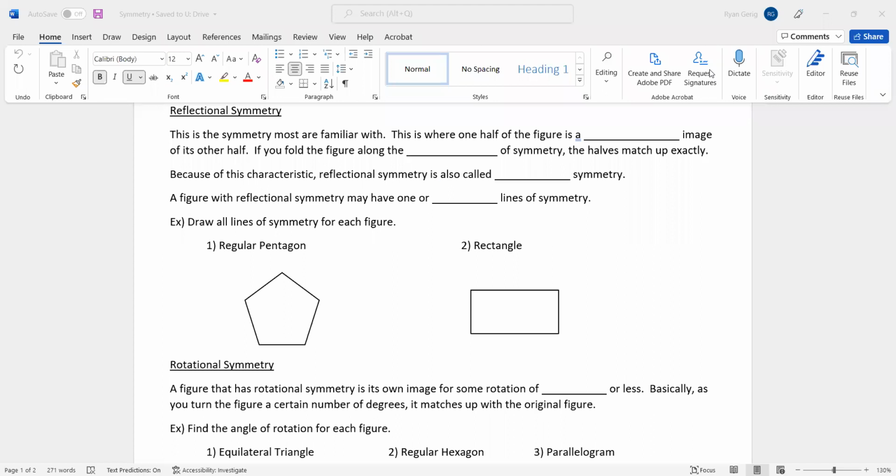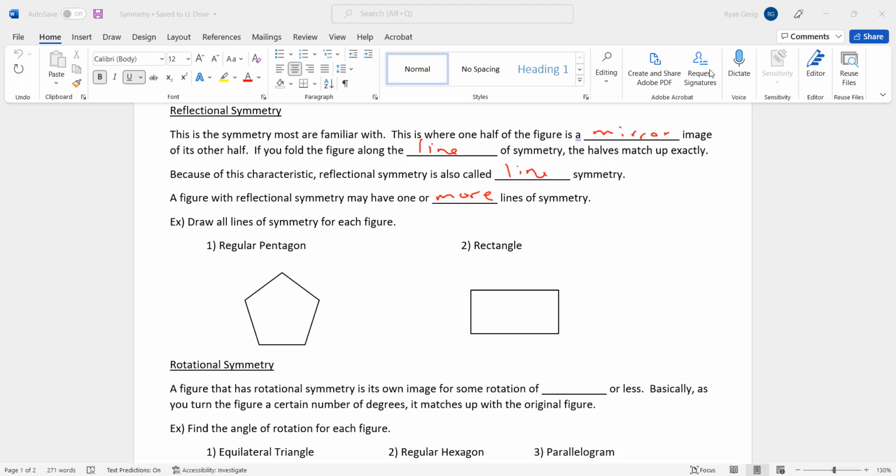This is where one half of the figure is a mirror image of its other half. If you fold the figure along the line of symmetry, the halves match up exactly. Because of this characteristic, reflectional symmetry is also called line symmetry. So those mean the same thing: reflectional symmetry, line symmetry, same thing. A figure with reflectional symmetry may have one or more lines of symmetry.